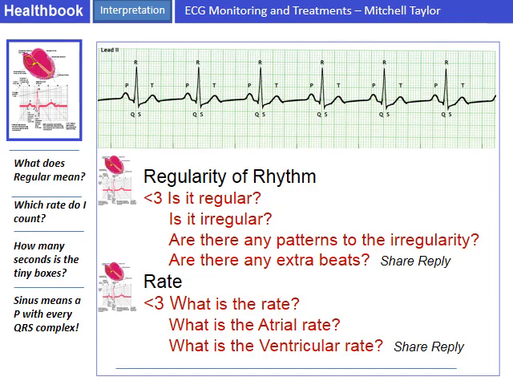Okay, the first thing we want to know is, is this rhythm regular? And what do we mean by that? We'll talk about counting the heart rate by the P's and QRS, but what do we love more, the atria or the ventricles?